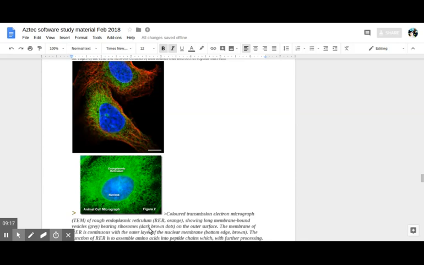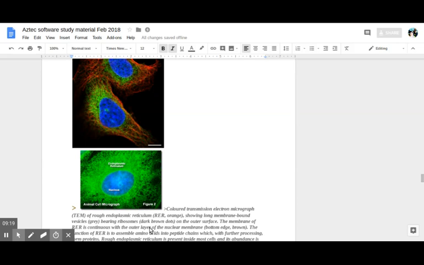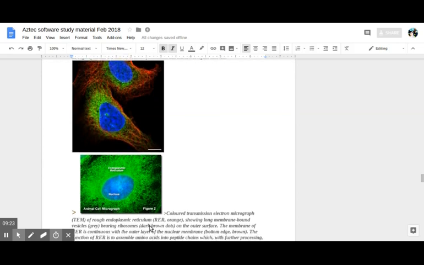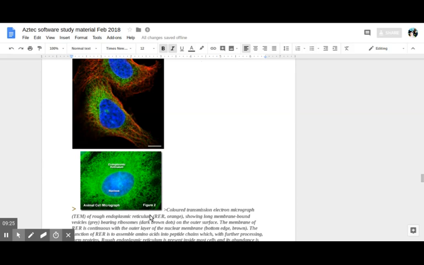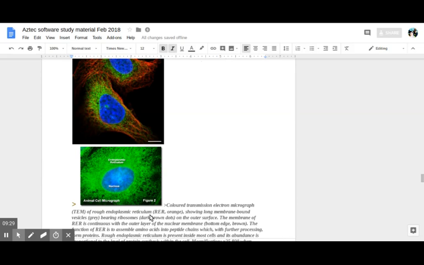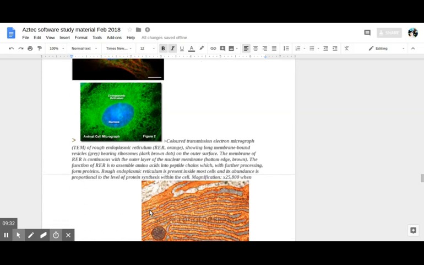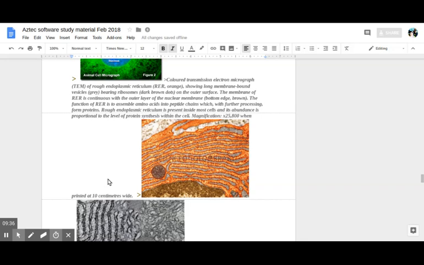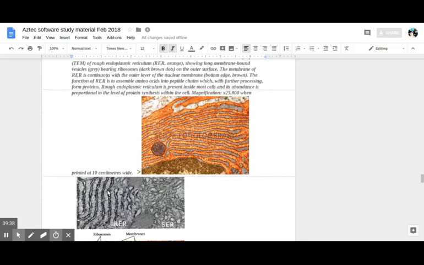The membrane of RER is contiguous with the outer membrane of the nucleus, or the nuclear membrane. So again, you can see it here as well.